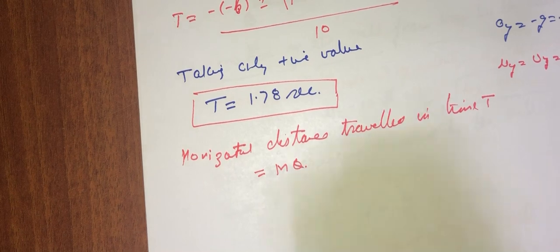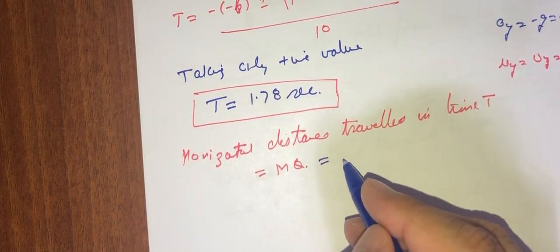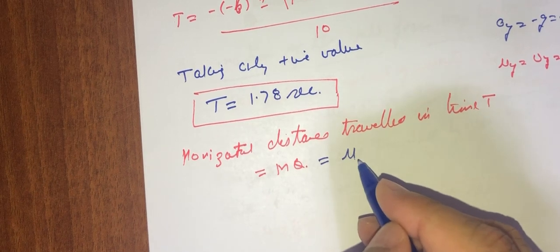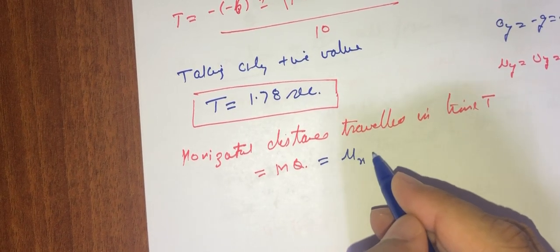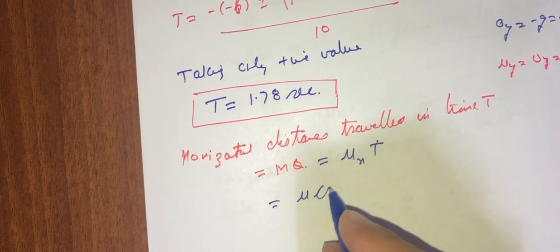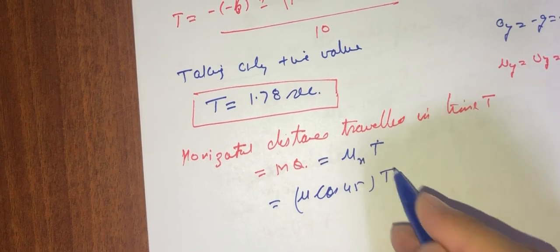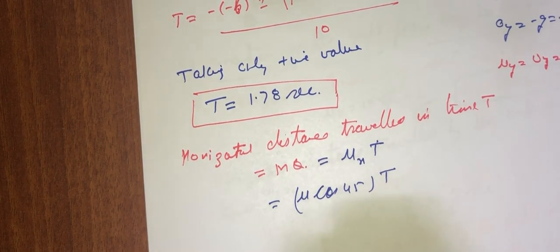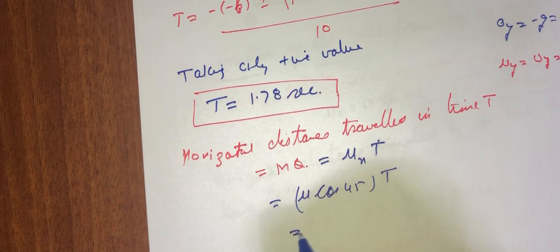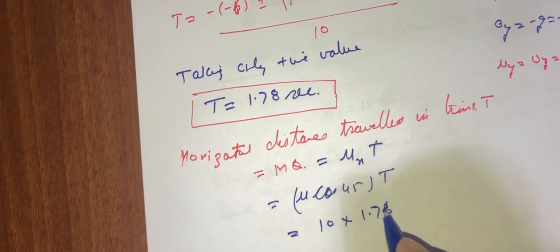So this will be equal to ux into capital T. Ux is u cos 45, which is 10, and time is 1.78.